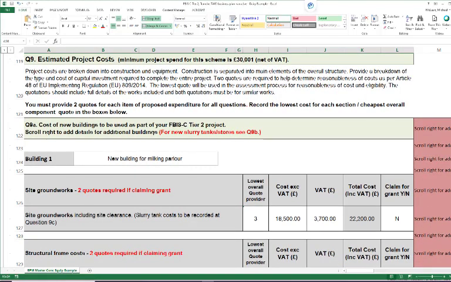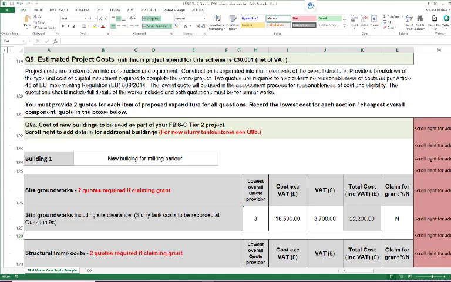This is an important section. It's quite detailed, but this refers to estimated project costs supported by quotations. Construction is separate in the main elements of the overall structure. Applicants must provide 2 quotes for each item of proposed expenditure for which grant is being sought.